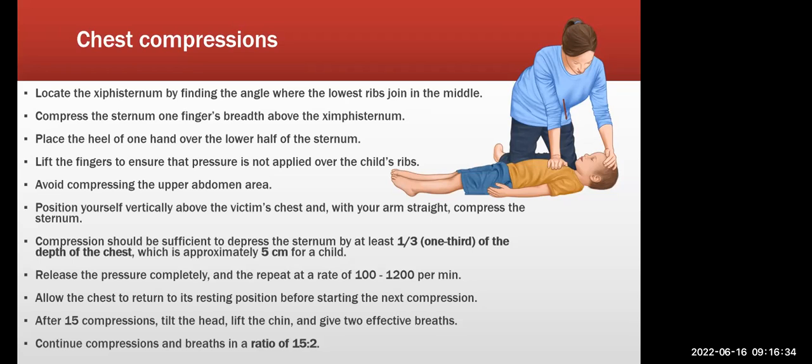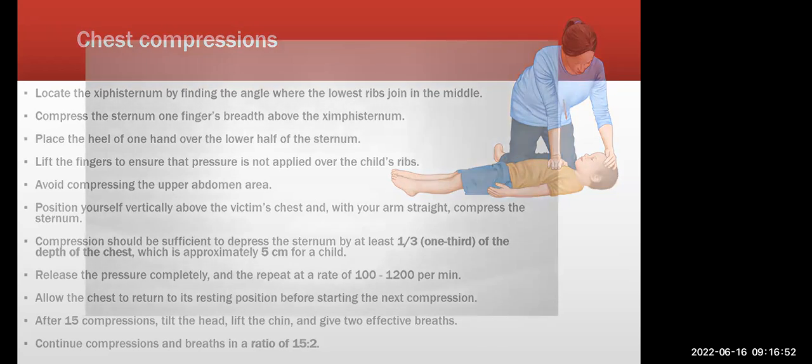So after 15 compressions, we need to give rescue ventilation. And then we continue compression and breathing in a ratio of 15:2. So next is the video to make this more clear.